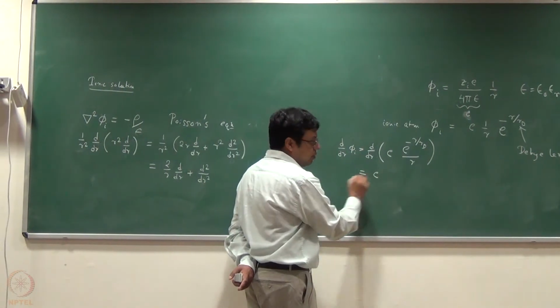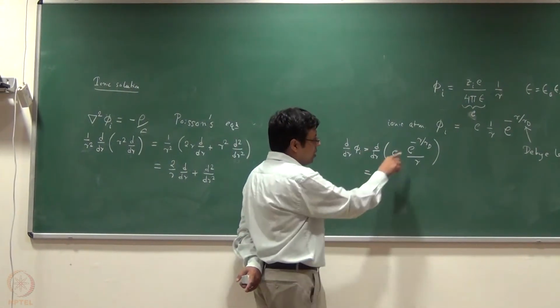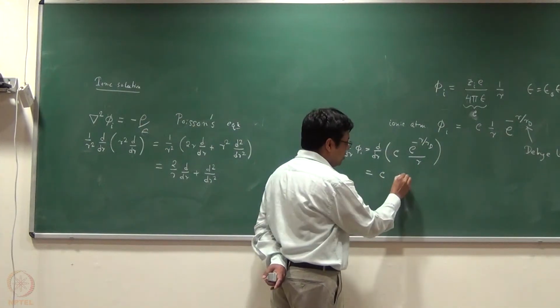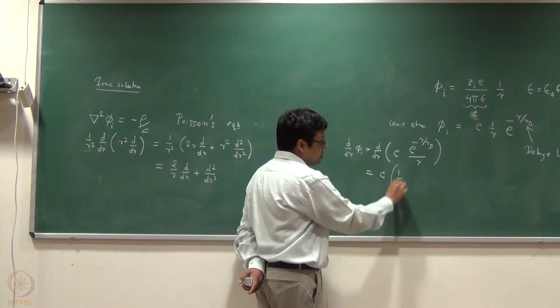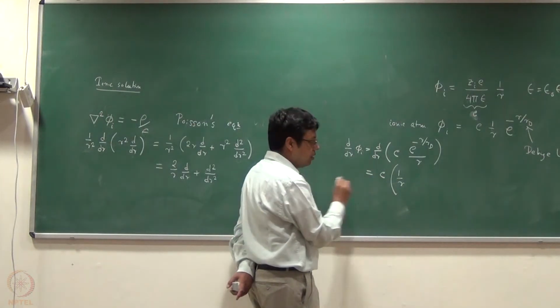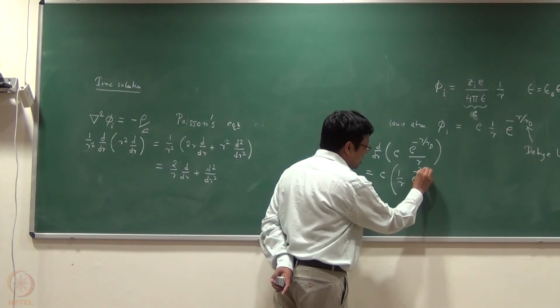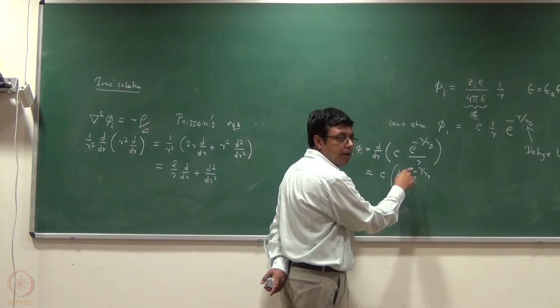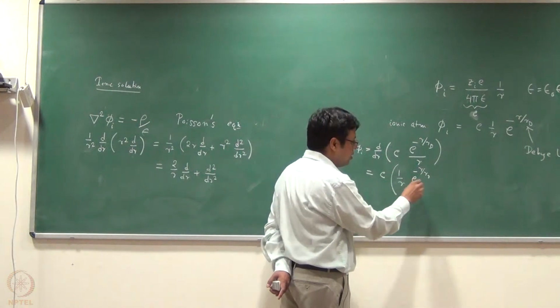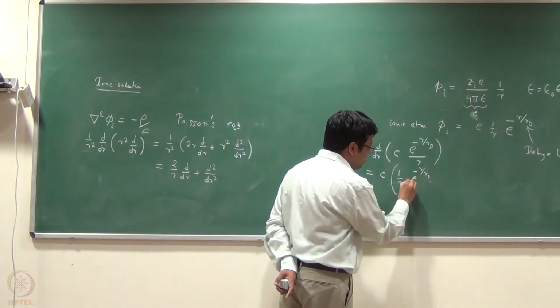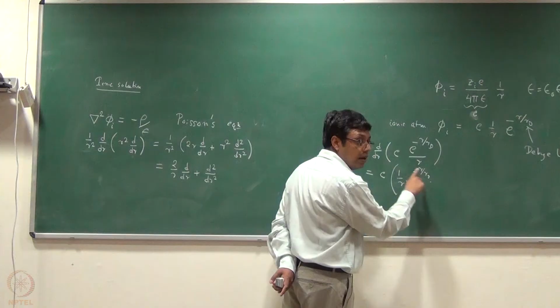Just take out the c first. e to the power minus r by rd, different, and there is also 1 by r. First function is say e to the power minus r by rd. So e to the power mx, derivative is 1 over m e to the power mx, right? So that 1 over m is basically times I will have minus 1 over 1 by rd.